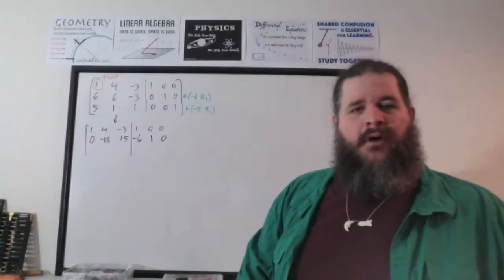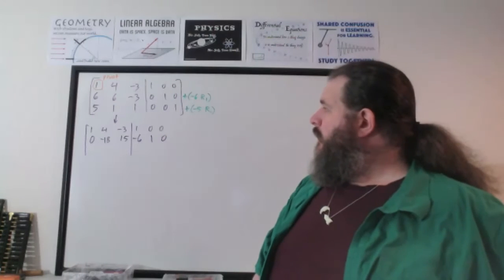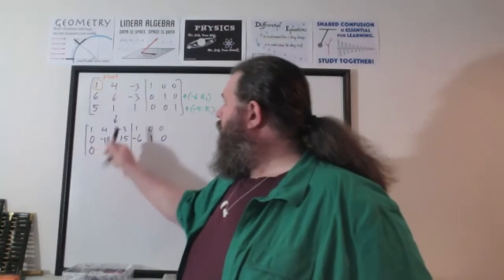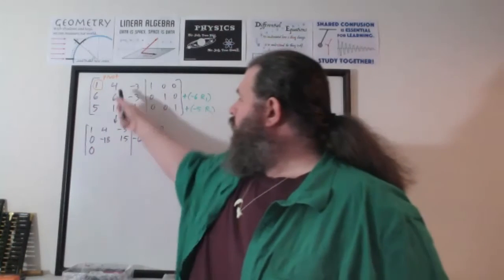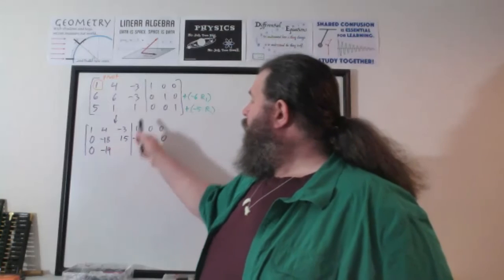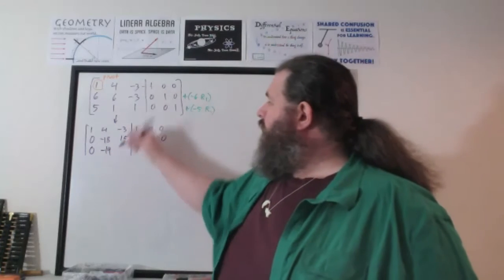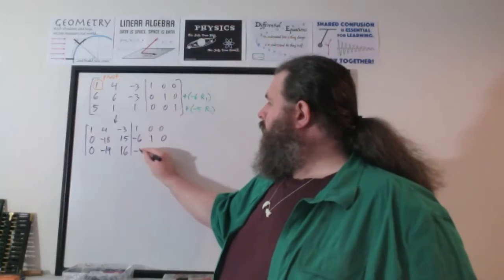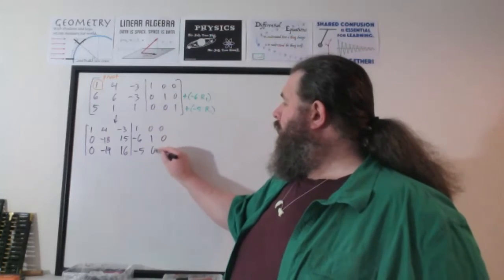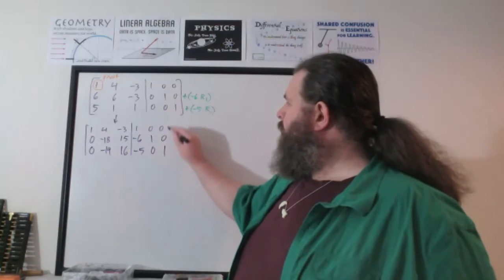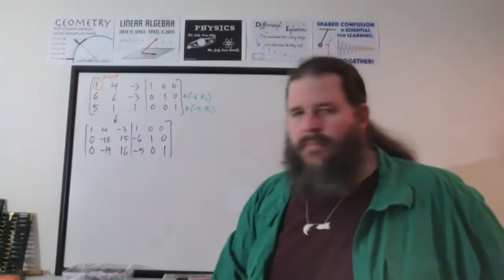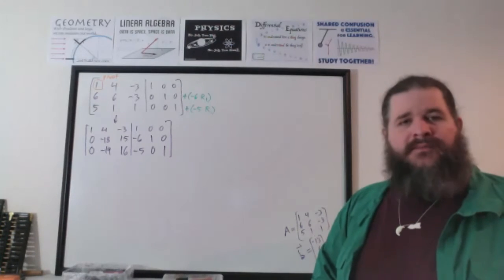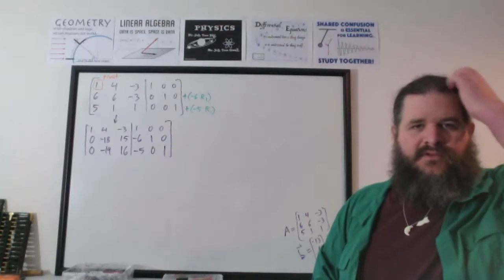So that's our new second row. And then third row, 5 plus -5 cancels out. 1 minus 20. 1 plus 15. 0 minus 5. Nothing plus nothing. And 1 plus nothing. So that's our new second and third rows. Any questions on that so far?